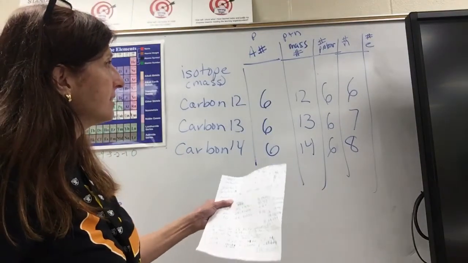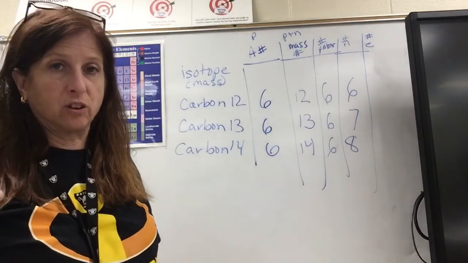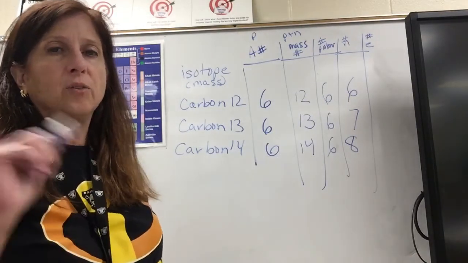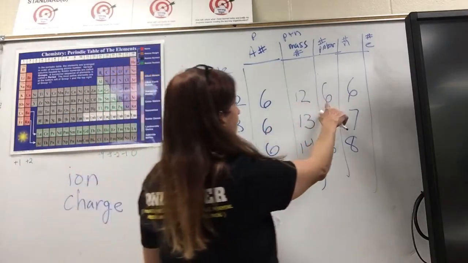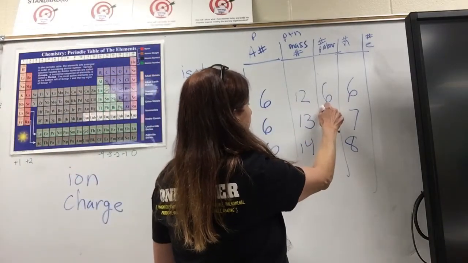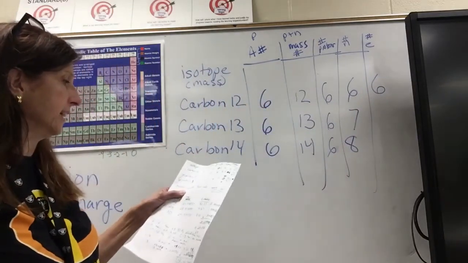But if it fills in a number of electrons for you, then you'll figure out what the charge is. So like on this one, I'm going to say that it's neutral and it has the same number of protons and electrons, so it's also 6.